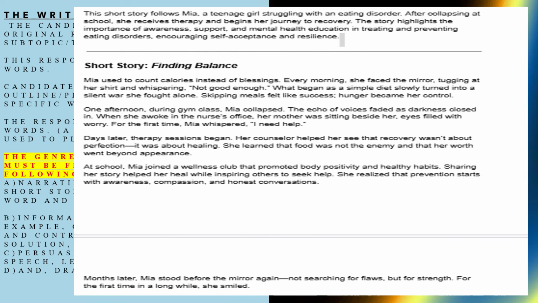Sharing her story helped her heal while inspiring others to seek help. She realized that prevention starts with awareness, compassion, and honest conversations. Months later, Mia stood before the mirror again, not searching for flaws, but for strength, and for the first time in a long while, she smiled.